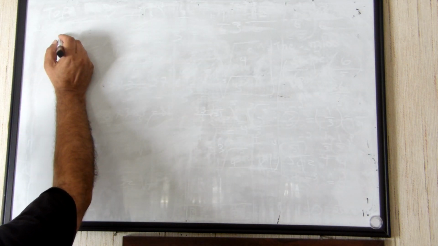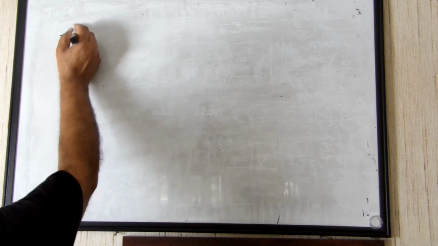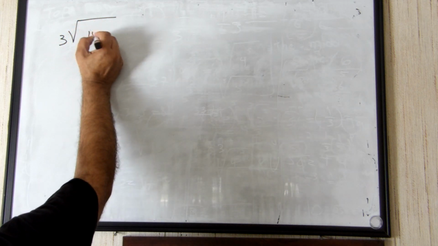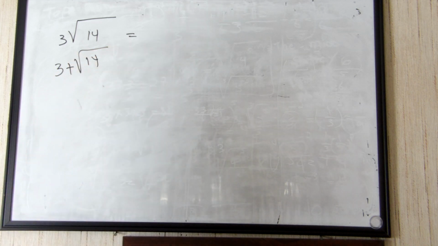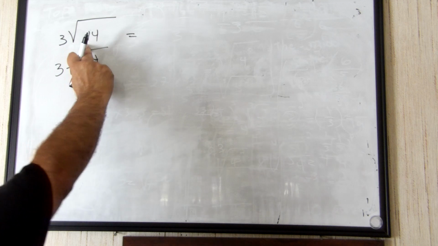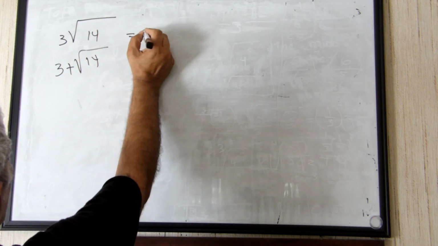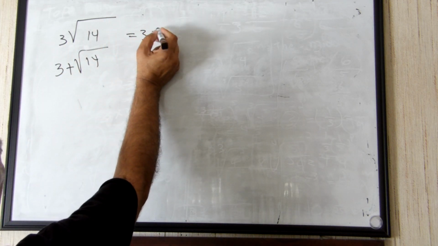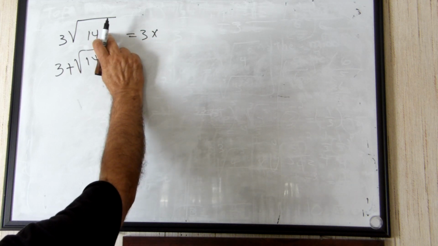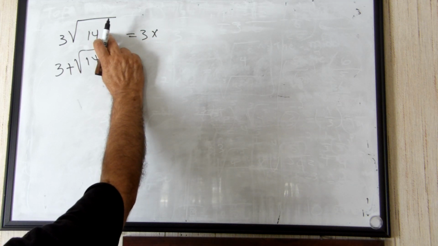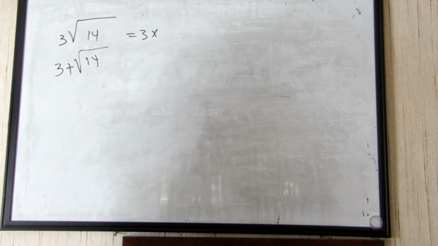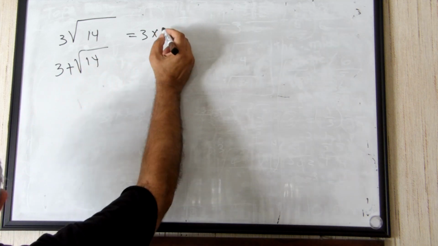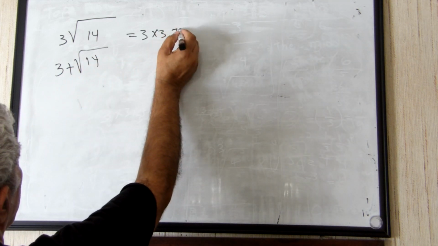I just want to let you know that this is totally different from this, because sometimes you can make a mistake. This is multiplication. 3 times radical 14 means radical 14. If you use the calculator, the square root of this one is 3.74, I think.